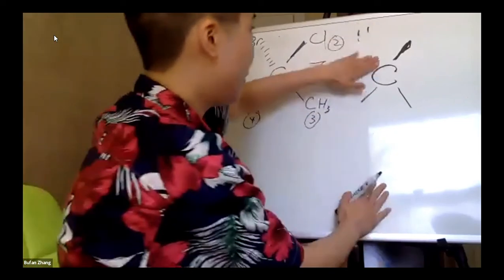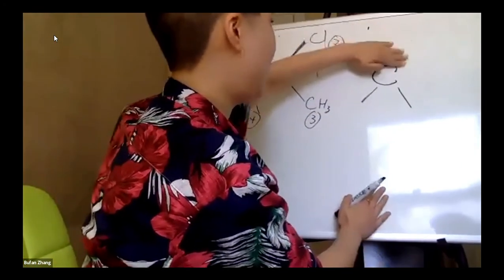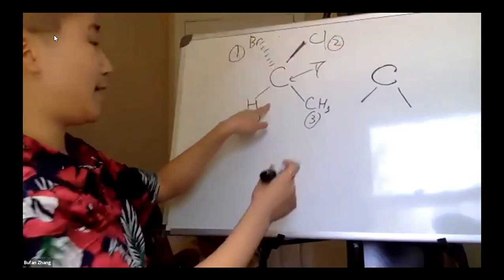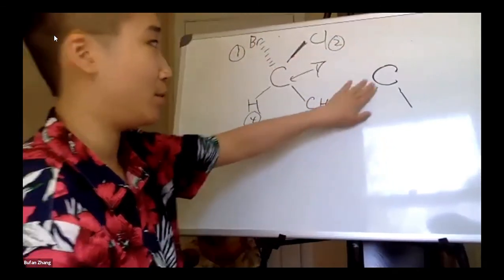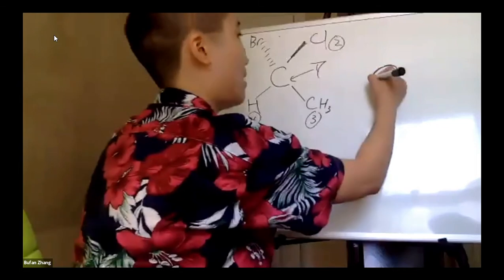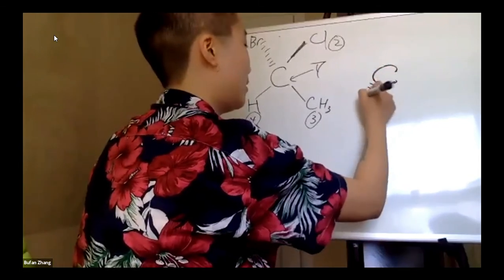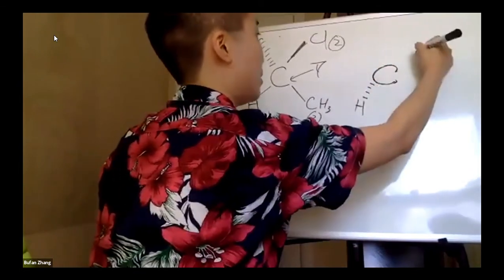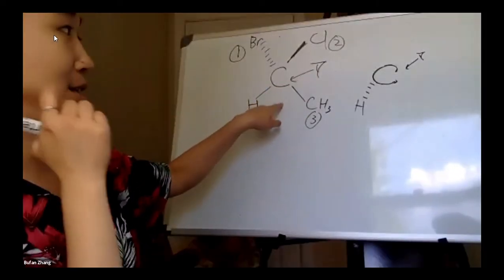So actually, here I gotta move these bonds a little bit because I'm directly looking at this and my H is invisible. So let's just draw this as if my H is totally invisible. Here, it's in the back. What's in the front if I look at my carbon this way?